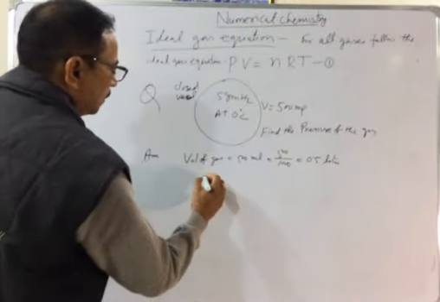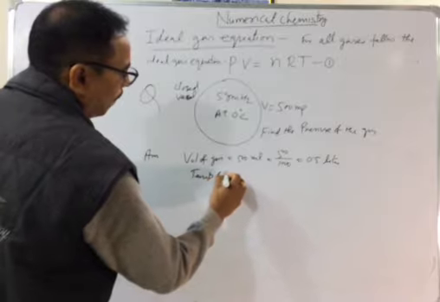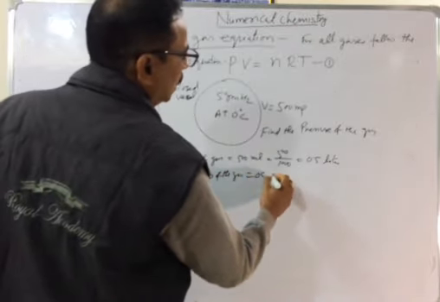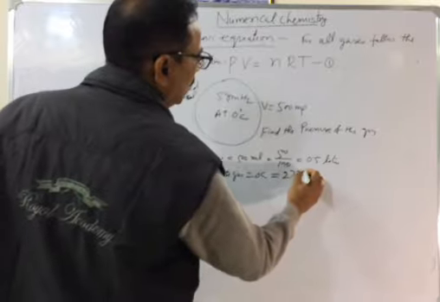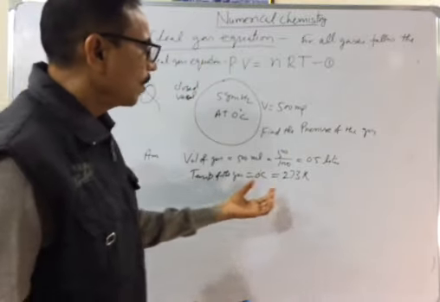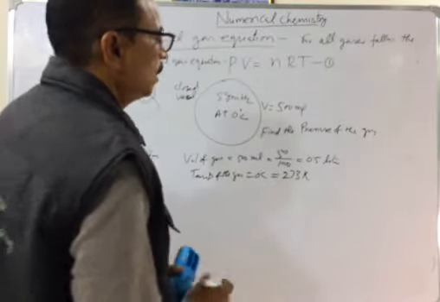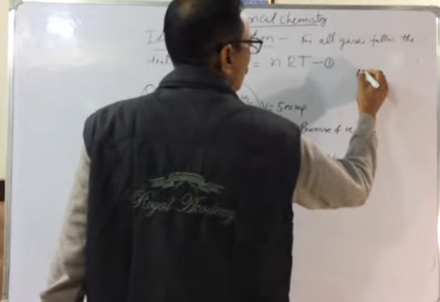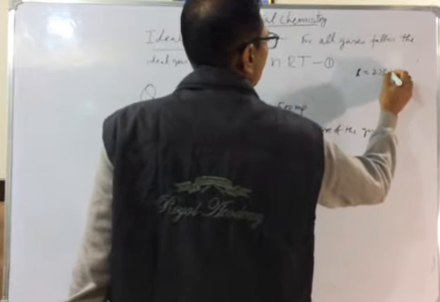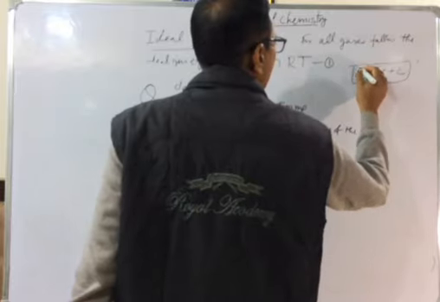And temperature of the gas: 0 degree centigrade, that is 273 K. You can convert 0 degree to Kelvin. So K equal to 273 plus C, degree in temperature. You can convert in Kelvin.